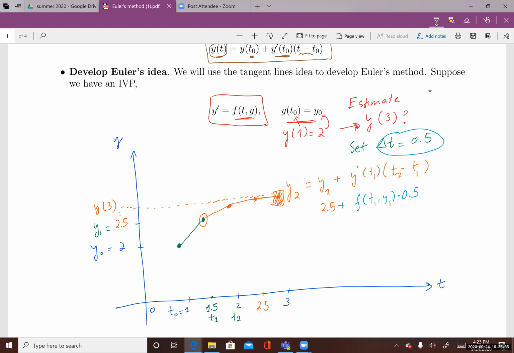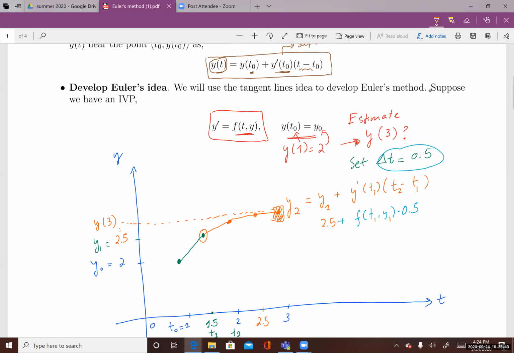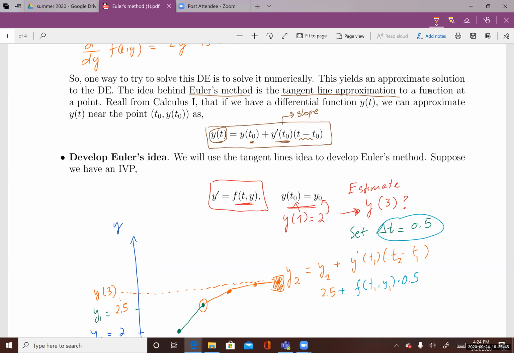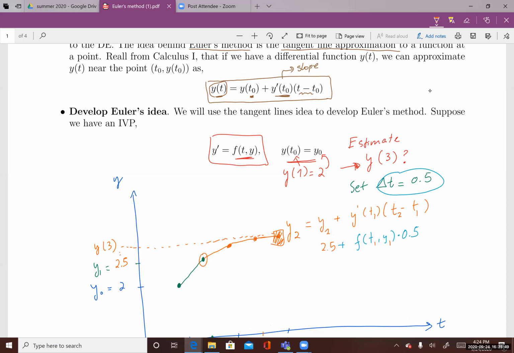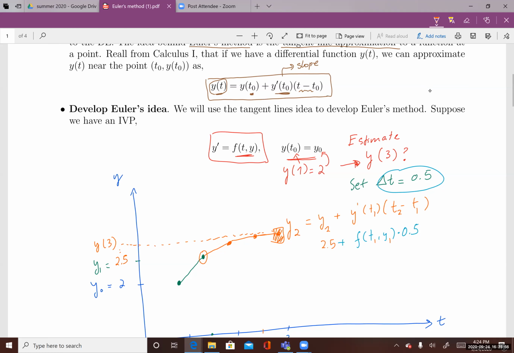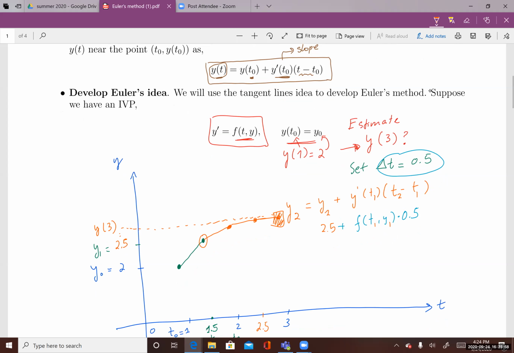Right here. Okay. So it's very, very simple. As long as you understand the process, as long as you remember the tangent line approximation formula, then as long as you plug your information in each step correctly, you'll be able to estimate any particular solution to any first order IVP problem.